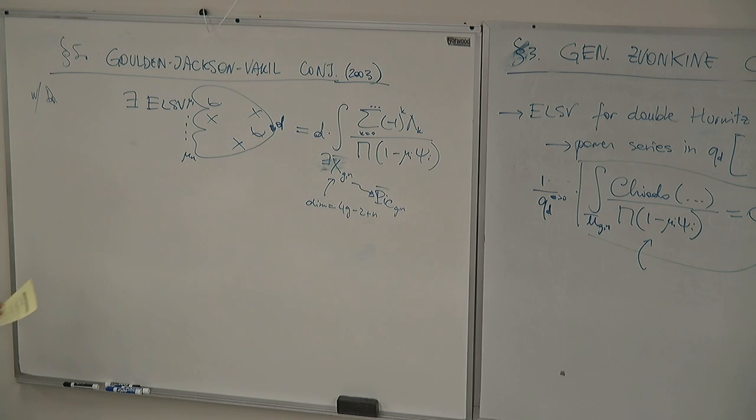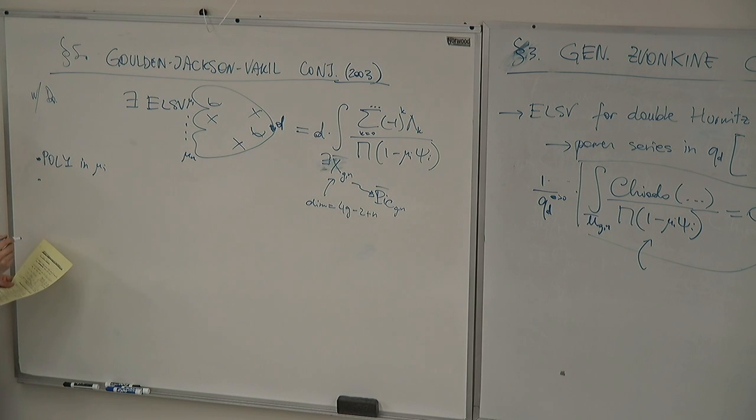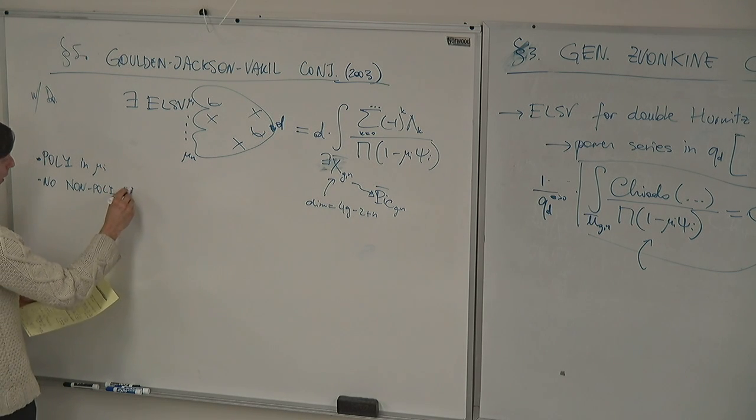What they know is that this is polynomial in the mu_i, and therefore there is no non-polynomial part, so the expansion from the topological recursion should not be there.